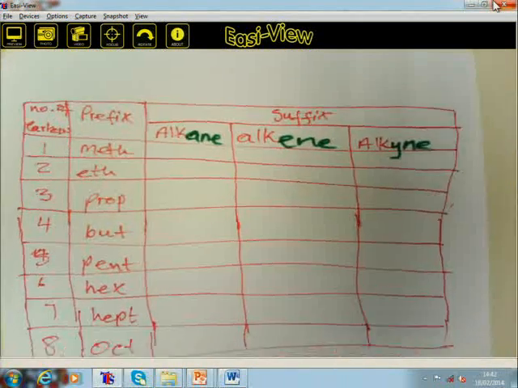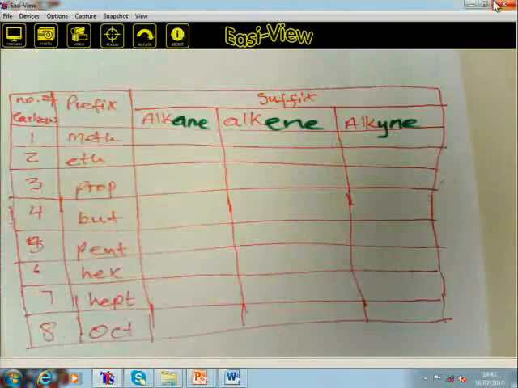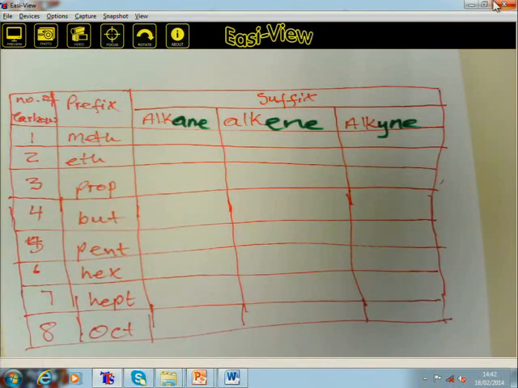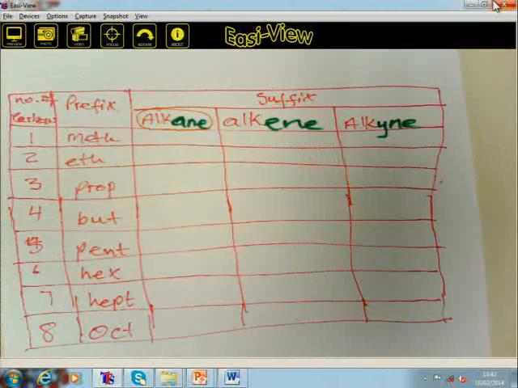And when you look at our homologous series here, the one that is saturated is the alkane. The alkane is our saturated hydrocarbon, because we only get a single bond between 2 carbons. All right. So let us go back to our names there.